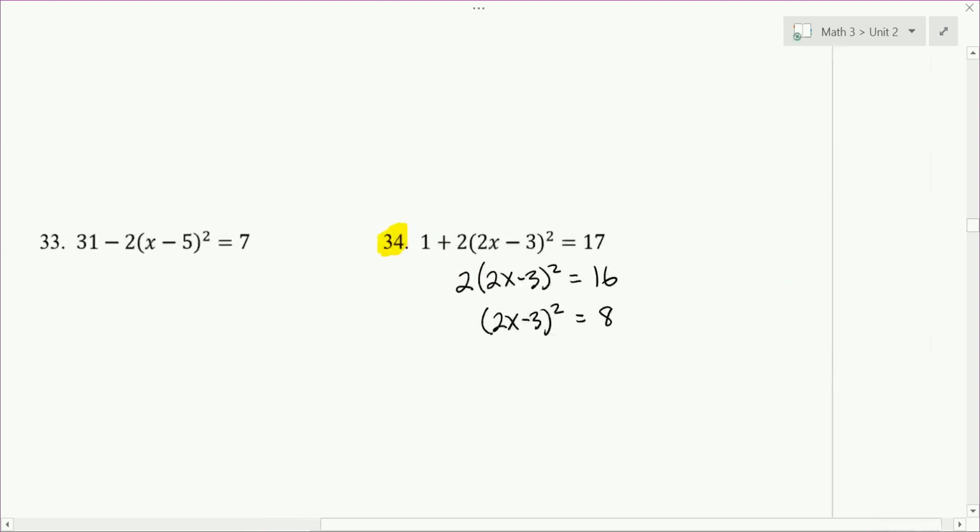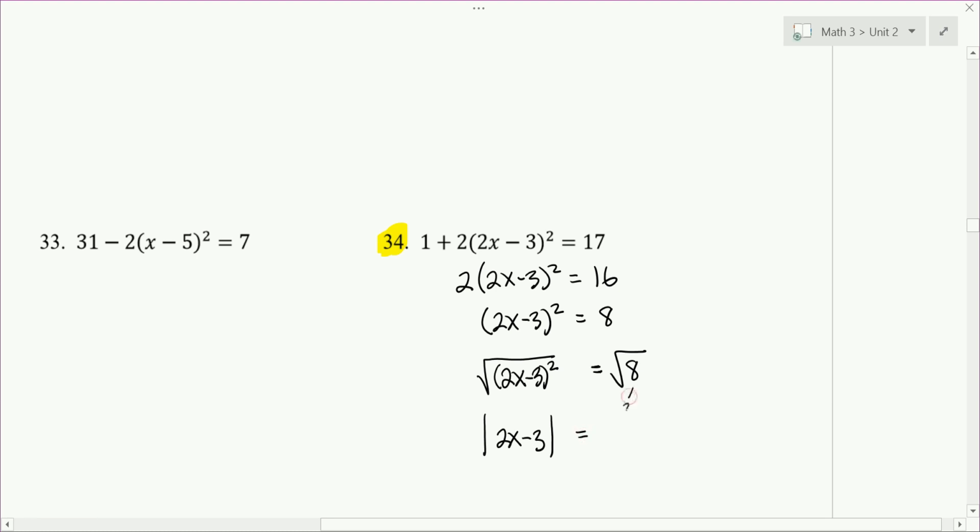So now we're at the stage where we take the square root. So the square root of 2x minus 3 squared is equal to the square root of 8. And when you take the square root of a variable, you end up with 2x minus 3, but we don't know if x is positive or negative, and we always have to have a positive answer, so we put that in absolute value.